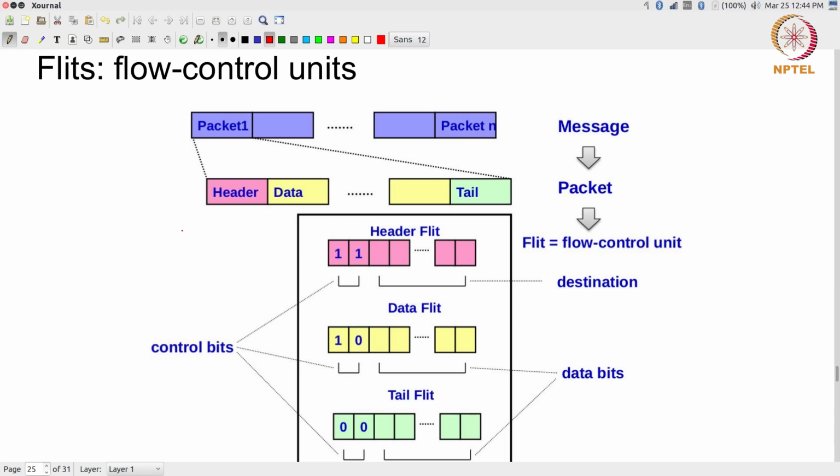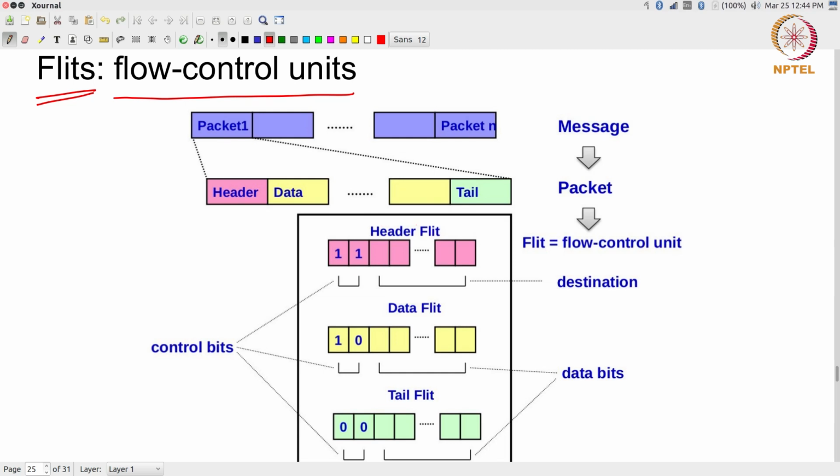So what you do is take packets and break them up into something smaller called flow control units, usually referred to as flits, okay. So a flit is essentially a fixed size small packet. You can, in principle, it's also a packet, right.